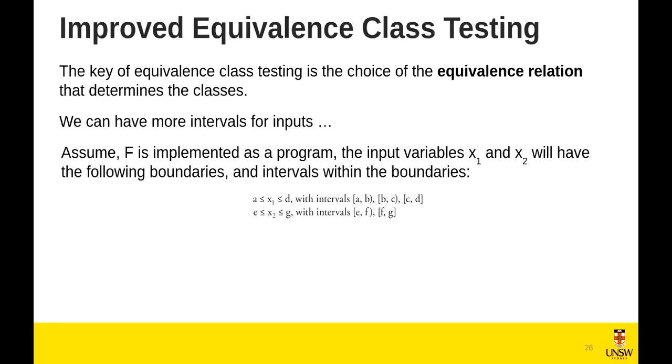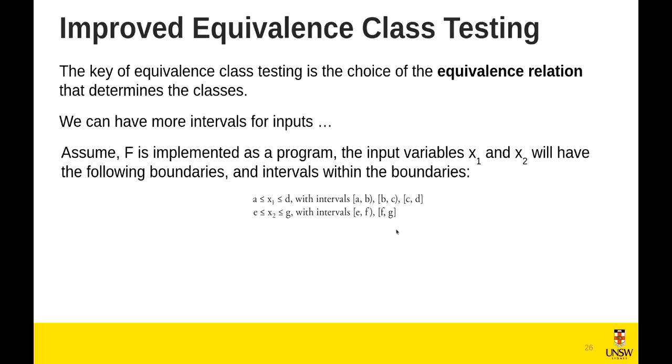This time x1 is in between a and d, and it has three intervals: a to b, b to c, c to d. The square bracket means closed-end interval, which means that a is included, and the parenthesis means it's open-ended, which means that b is not included in that interval.